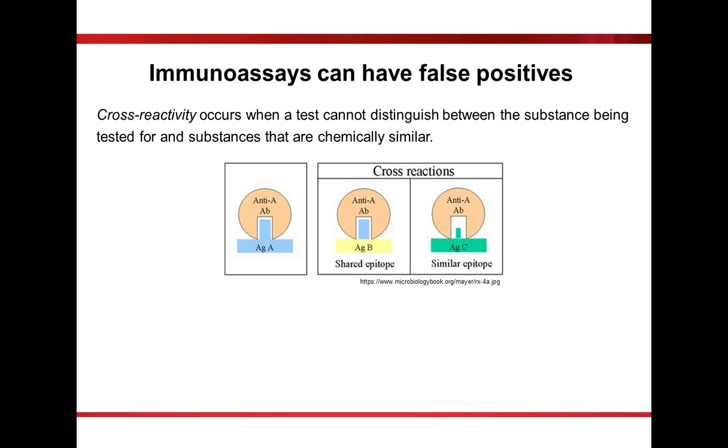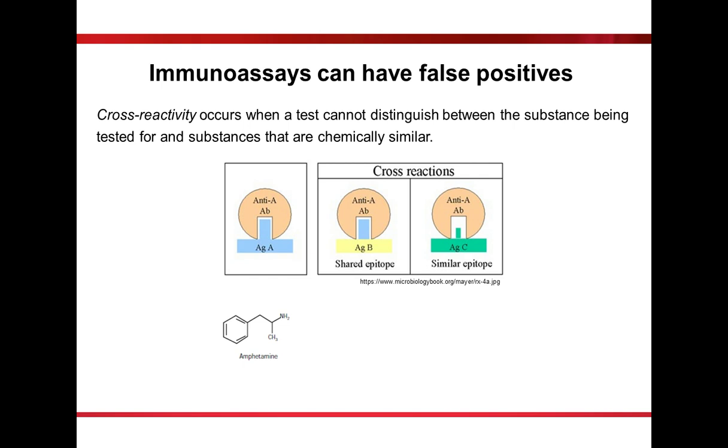Anti-A antibody is not very specific, so it's also able to detect antigen B, which has a shared epitope with antigen A. So the light blue portion of antigen B is what's shared with antigen A, and then the yellow portion is what's unique to antigen B. Now, because anti-A antibody is not very specific, it can also cross-react with antigen C, which doesn't share any epitopes with antigens A or B, but it just looks structurally similar. It's a similar looking epitope. So it kind of looks like an upside-down T.